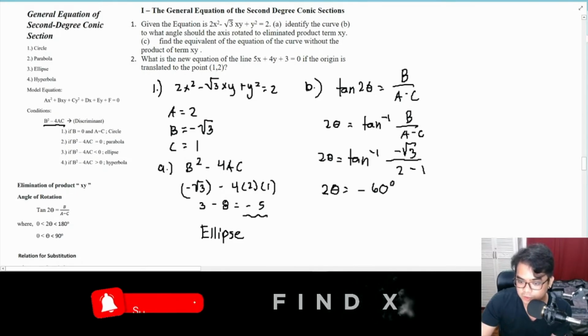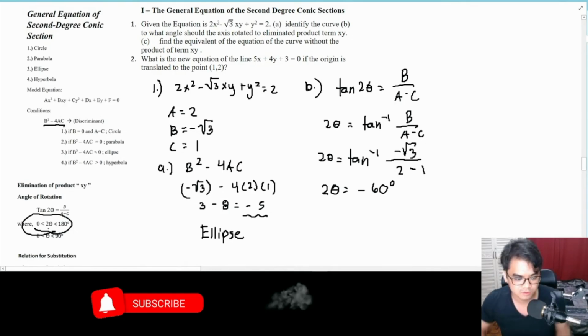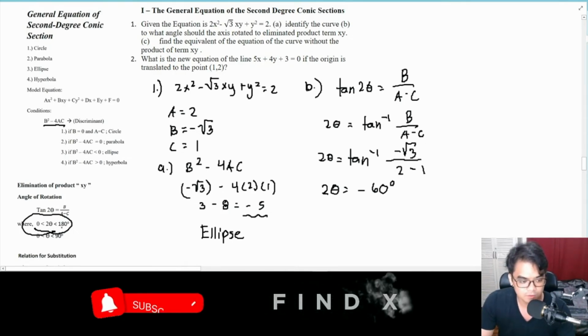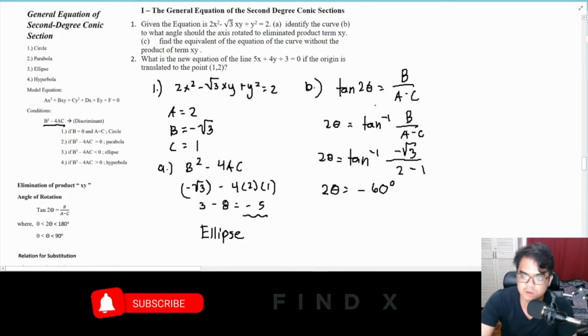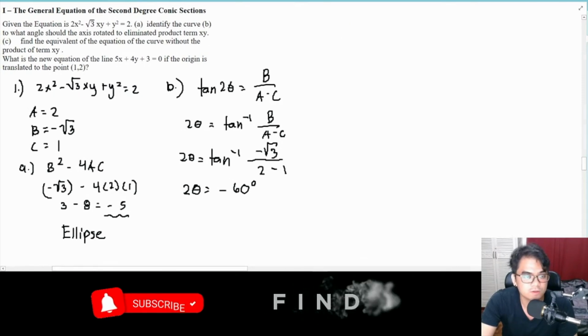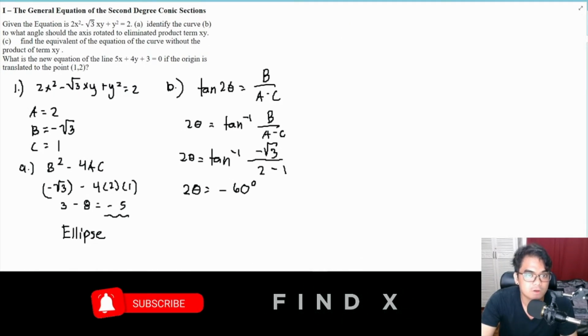That is only the 2 theta. But as you can see, the condition here is that the value of 2 theta must be only between 0 and 180. So what you're going to do here is rotate this one, or get the mirror of the value.